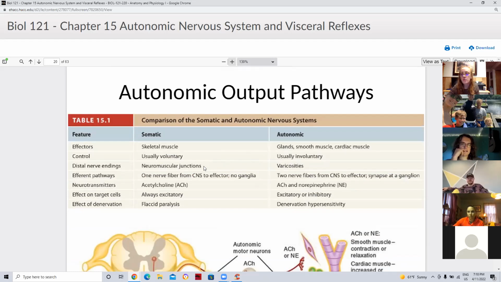Distal nerve endings, in the case of the somatic, are neuromuscular junctions. In the autonomic nervous system, they're varicosities, meaning almost free nerve endings. Efferent pathways for the somatic nervous system is 1 nerve fiber, no ganglia involved. In the autonomic nervous system, it's a 2 nerve fiber where there's a synapse of the ganglion.